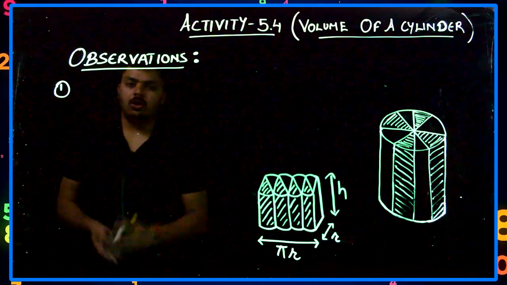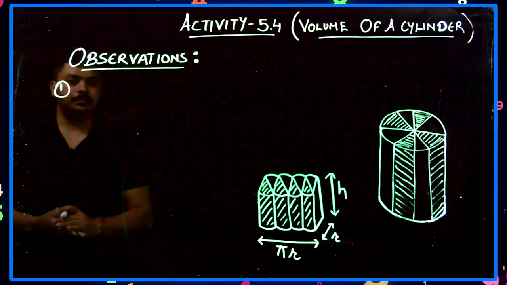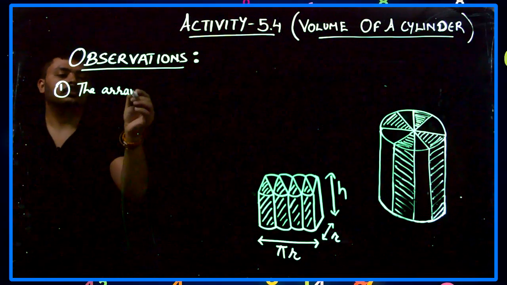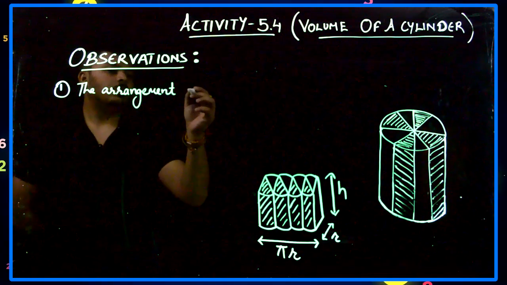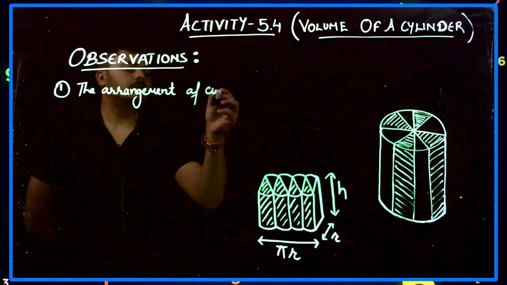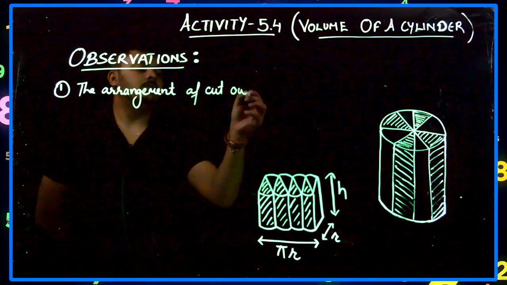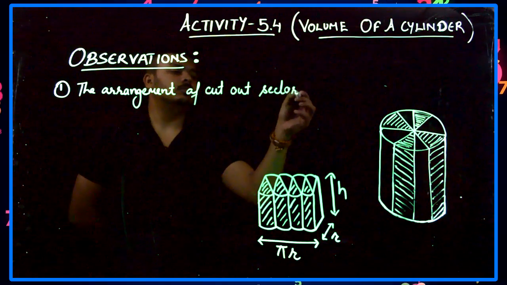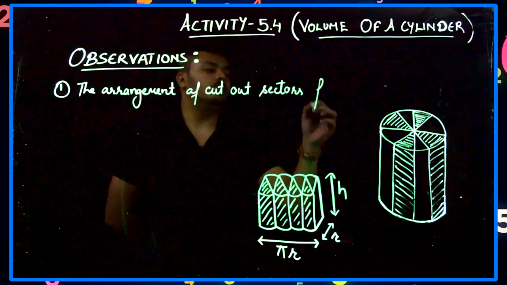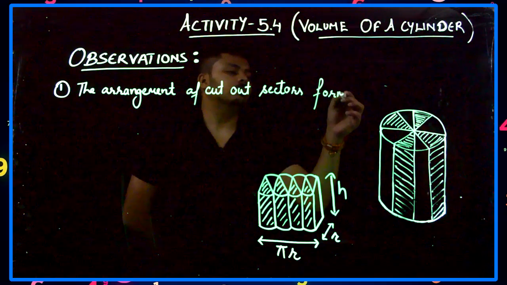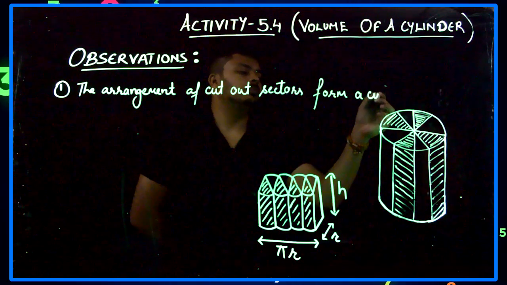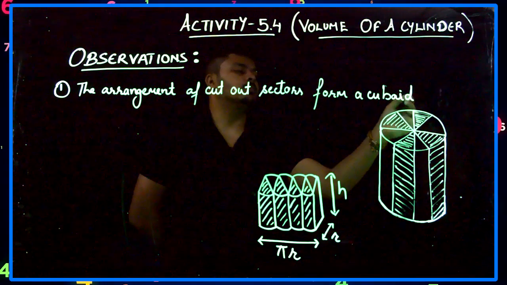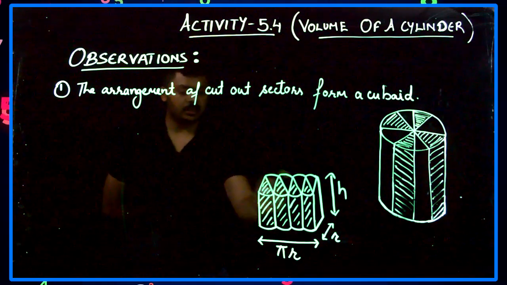So students, our observation for the given activity is the arrangement of cutout sectors form a cuboid. As you can see here, this is a cuboid.